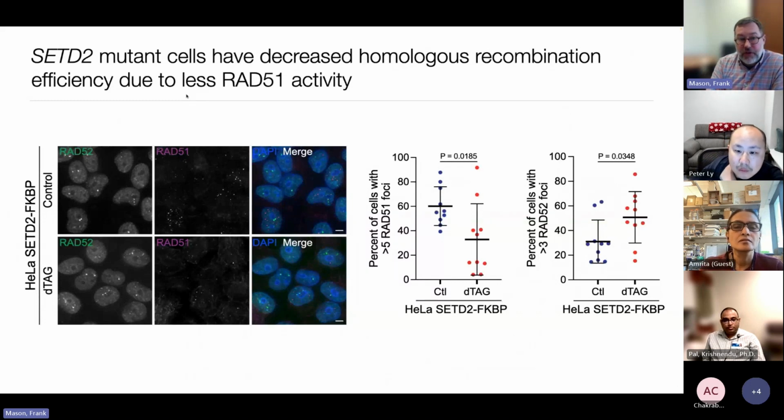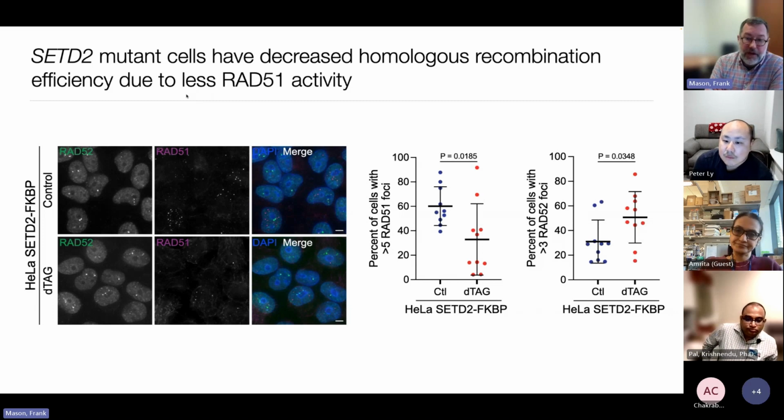And then we asked whether these dicentrics could be arising through a decrease in Rad51 activity and an increase in Rad52 activity. It's been previously shown by a number of different groups that loss of SETD2 decreases Rad51 activity, so we just corroborated that data here. We synchronized cells during DNA replication and stained for Rad51 and Rad52, which form foci in the nuclei.